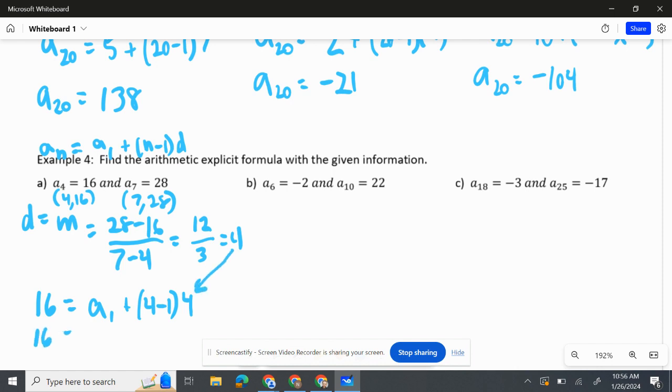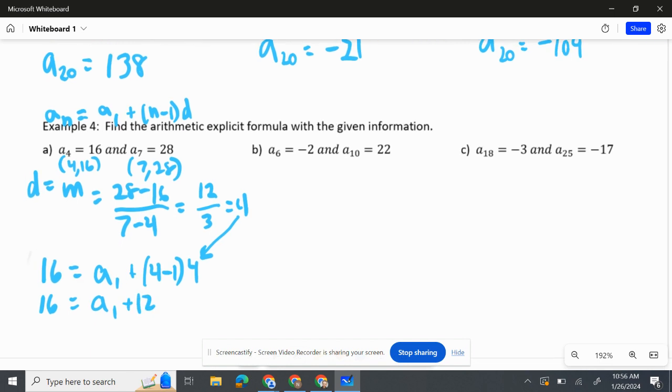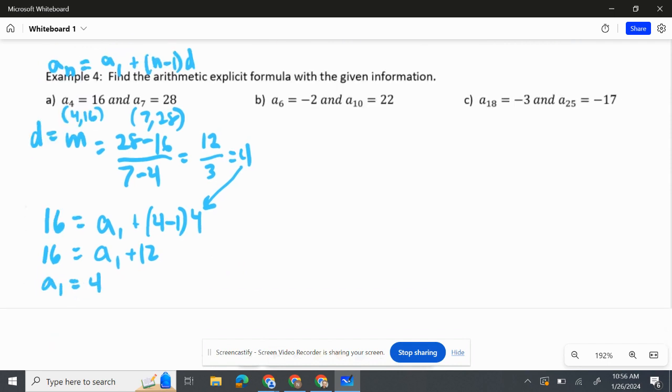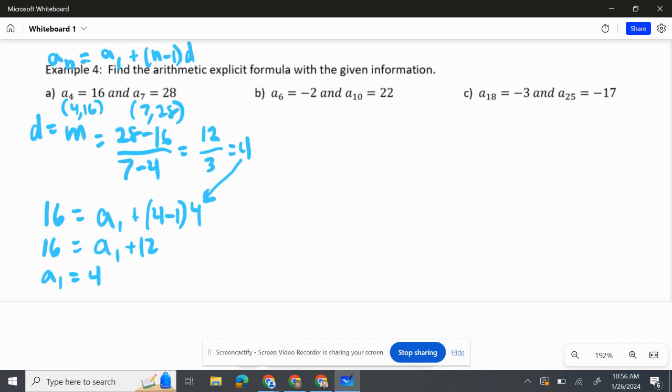That gives me 16 is equal to a sub 1 plus 12. And so when I subtract the 12, I get a sub 1 equals 4. So that right there gives me the formula a sub n equals, my first term is 4, my common difference is 4.